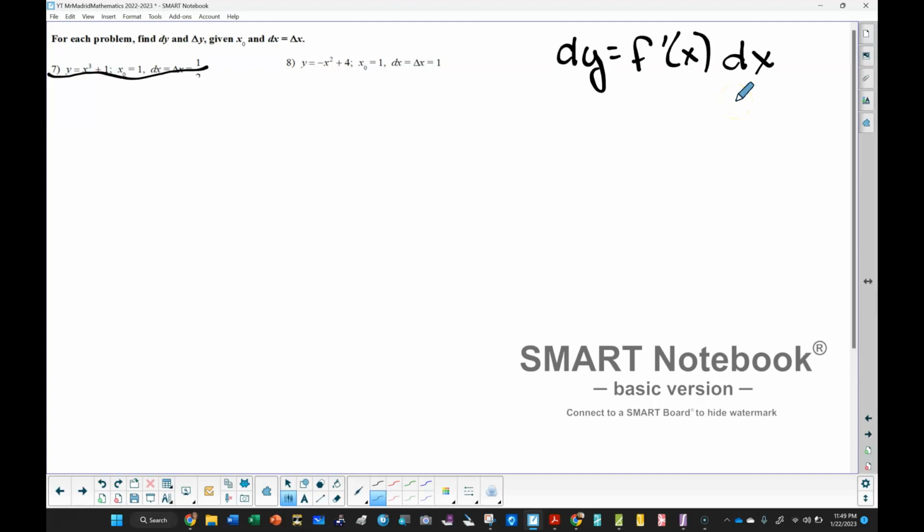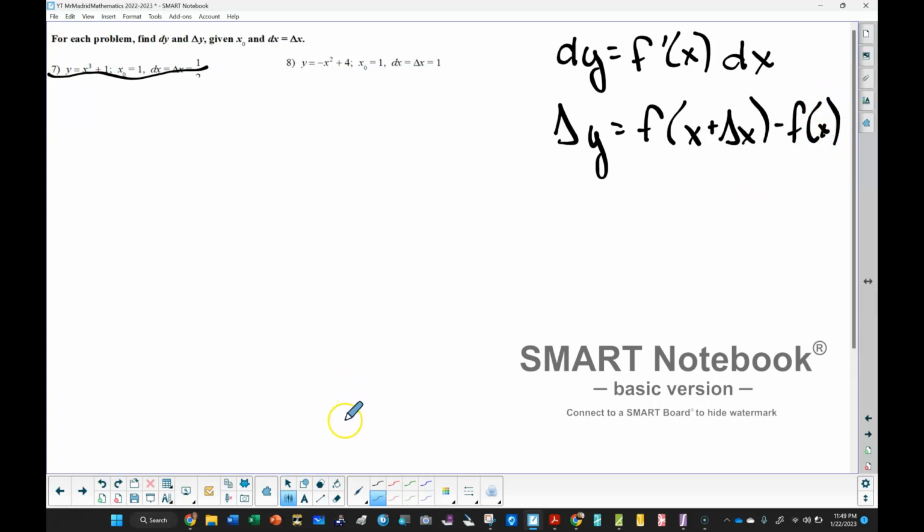As far as delta y, this should be familiar to you guys. You can pause the video and ask yourself what it essentially means. If you were thinking it is basically f of x plus the change of x, minus f of x, then you're in the ball game.